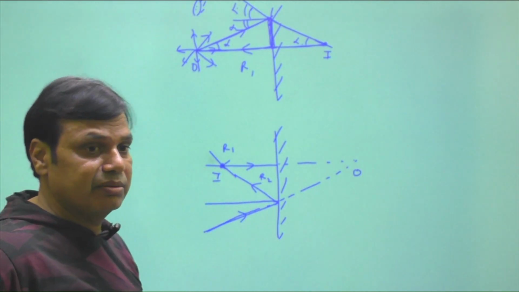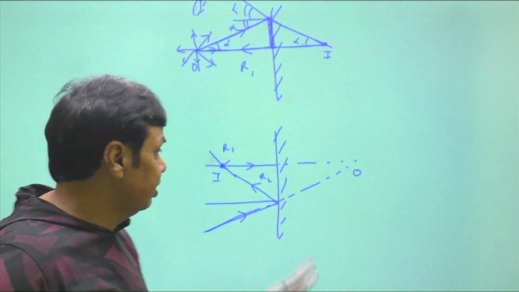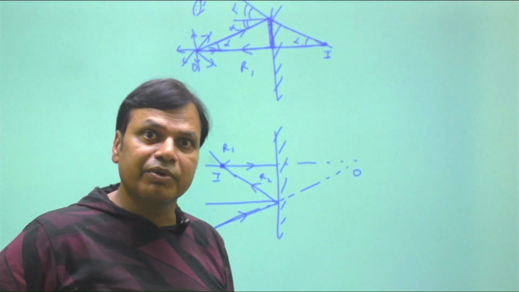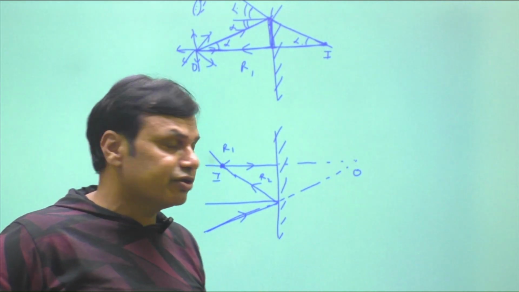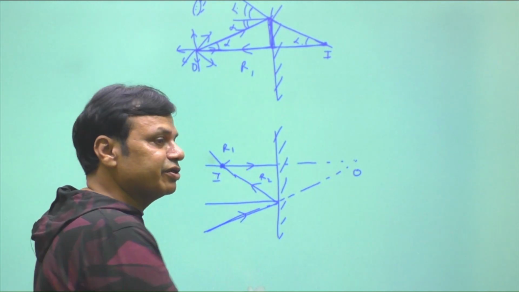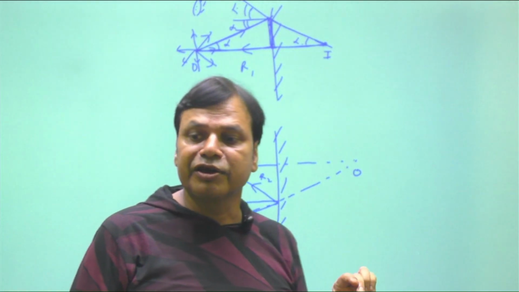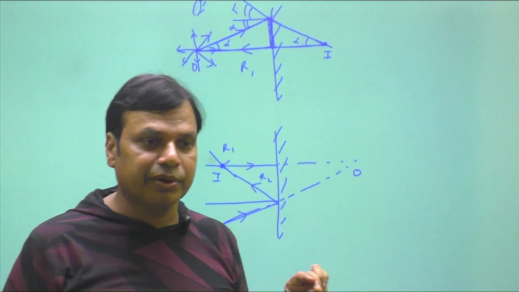and this is the real image, because if you place a photographic plate here, the photographic plate will feel the intensity of two reflected rays here, and a dot, an illuminated point.